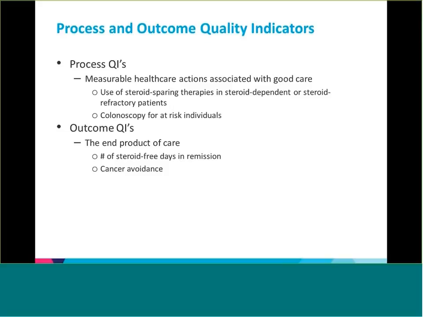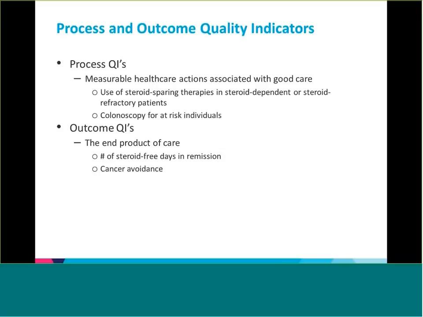So outcome quality indicators, as I mentioned before, can be patient-reported outcomes. These can be cost-type outcomes, or these just can be more hard outcomes, as we call them, such as remission, or the ability to go to work every day or go to school every day, the kinds of things that we would really like as good outcomes.